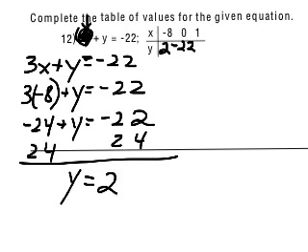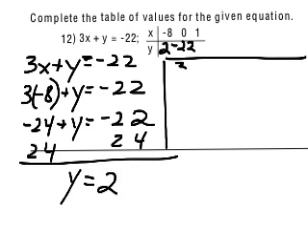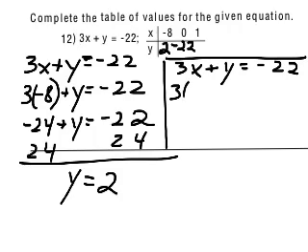So we'll rewrite our equation. Erase this back out. Rewrite our equation over here. 3x plus y equals the negative 22. Plug in 1. 3 times 1 plus y equals the negative 22.